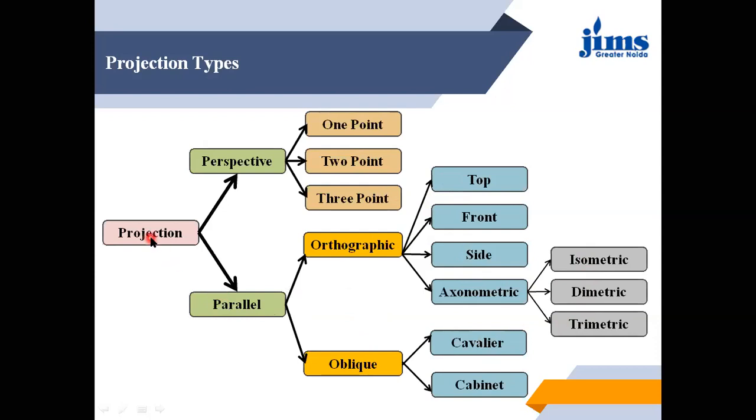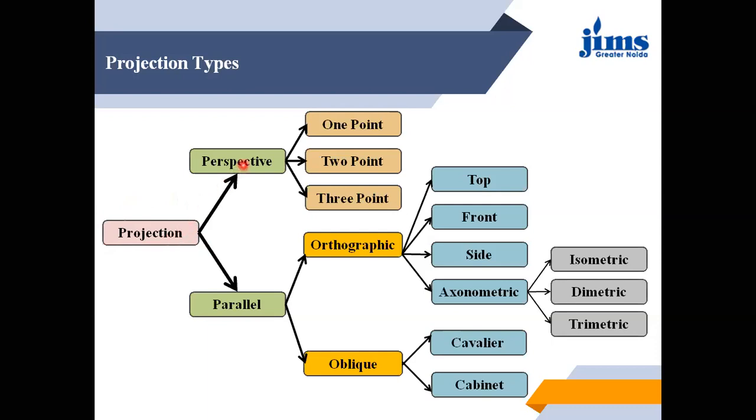Now let me summarize what we studied and what the difference between these two is. Projection is a process that is used to convert a 3D object, that is a real object, onto a 2D plane, that is two-dimensional, and it is applied pixel by pixel.